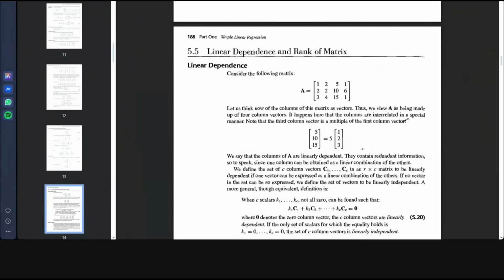You can show this. I don't require it today. You can show that the rank of the matrix A here is 3. It's not 4 because we've already shown that 5, 10, 15 and 1, 2, 3 are linearly dependent. So the highest rank it could be is 3. It might be 2 or even 1, without checking, but it can be at most 3.